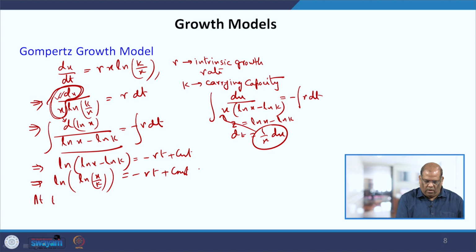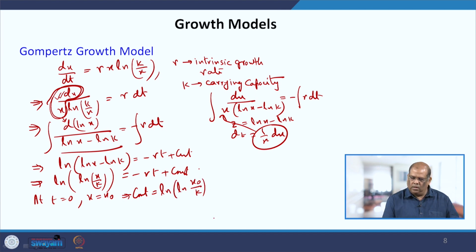At time t equal to 0, you take x equal to x0, substitute it here, and this will give you constant equal to ln of (ln x0 by k). So, if you substitute it here and take it to the left hand side, you will be getting ln of (ln x by k divided by ln x0 by k) equal to minus RT.